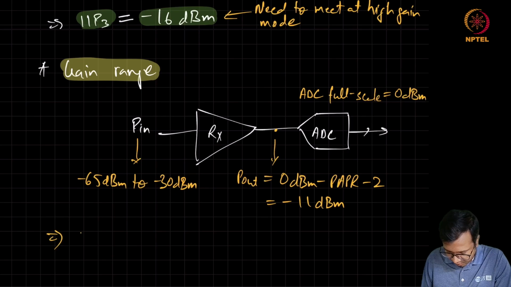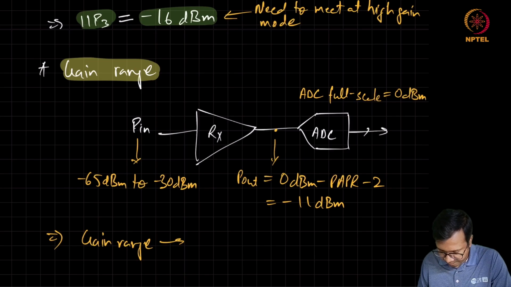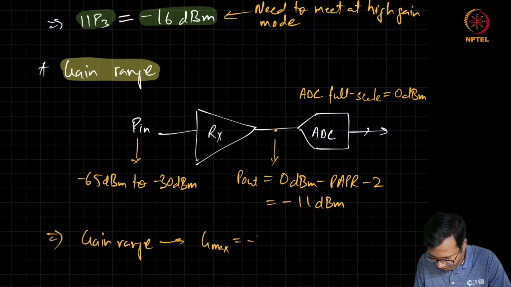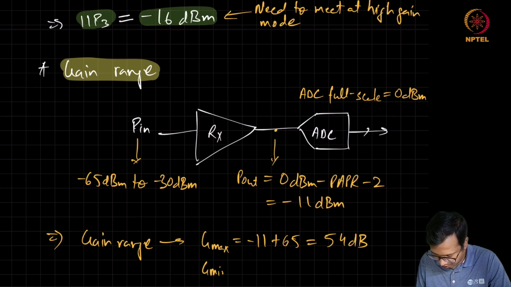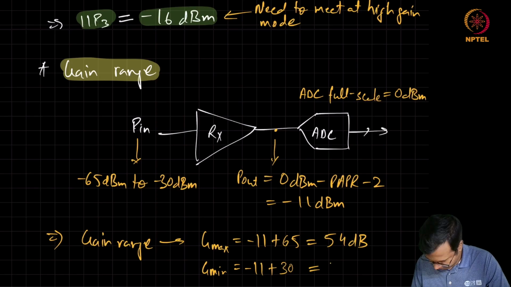So this implies the gain range is going to be, the G max will be minus 11 plus 65, which is 54 dB, and the minimum gain when the input signal is at its maximum value, minus 11 plus 30, which is equal to 19 dB.